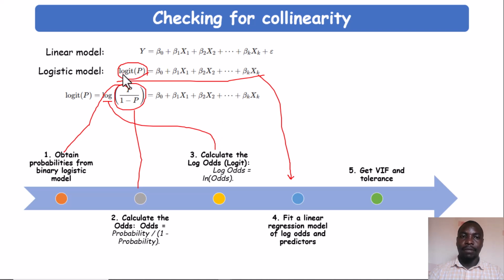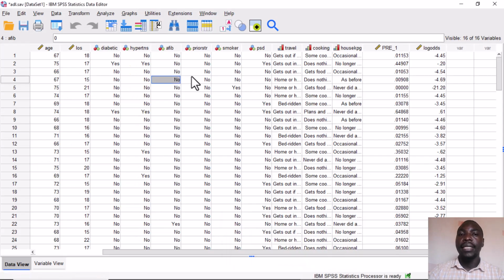We have this expression. So now we are going to fit a linear model. This is the step at which we are. At this step, we are going to fit a linear regression model. Remember, we are in logistic regression, but we are assessing one of the assumptions, collinearity.